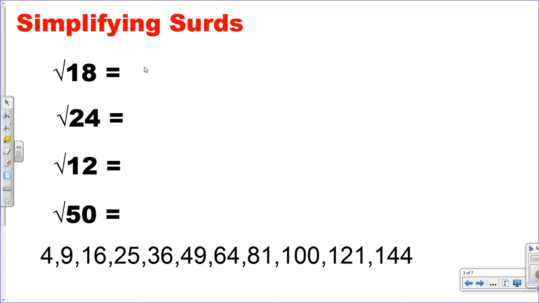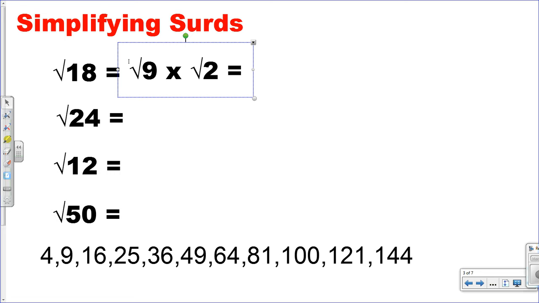So if we think about 18, we've got square root 18. What square number goes into 18? I know 9 goes into 18. So what I'd then do is write square root 9 times square root 2 equals square root 18.